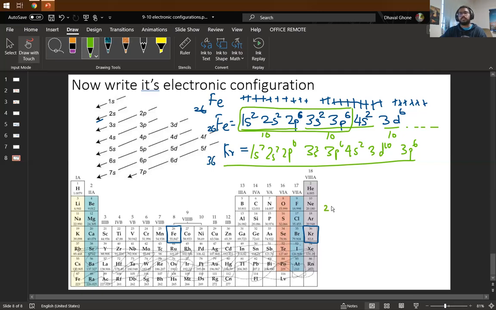So I can simply write 26 Fe is the same as [Ar], and what's left is 4s2 3d6. And so this is my condensed electron configuration with my noble gas core.